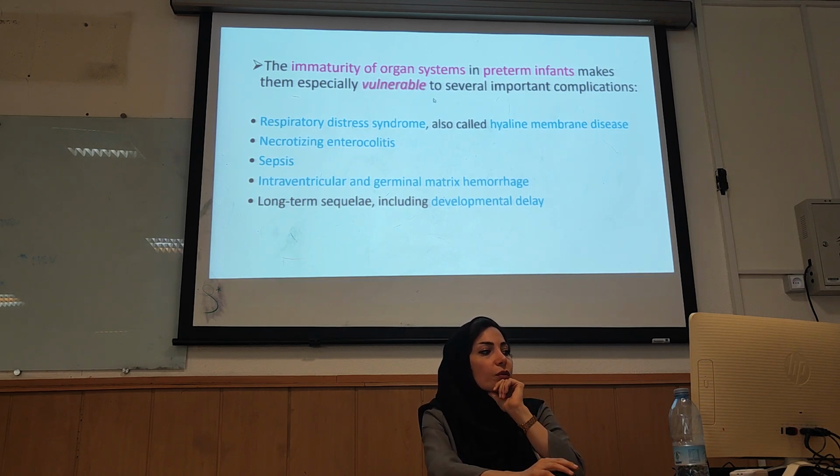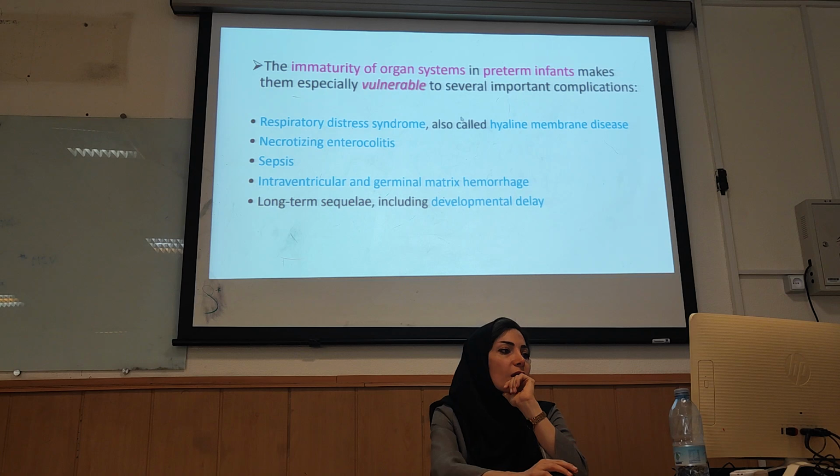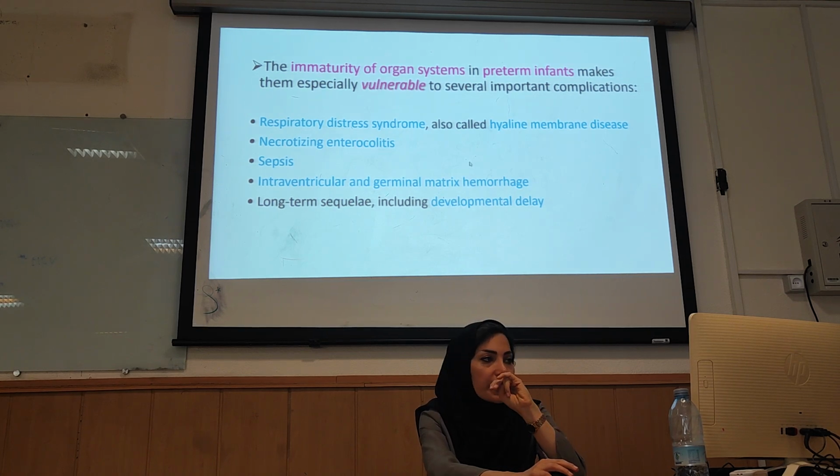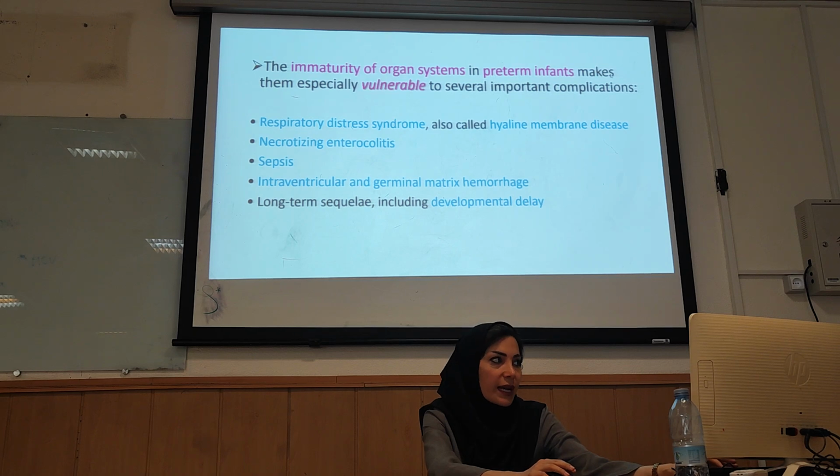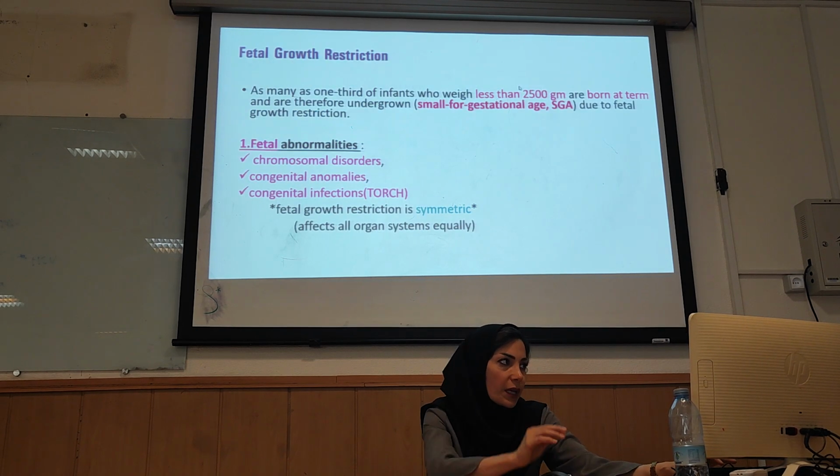These immature neonates are vulnerable to several important complications, such as RDS and necrotizing enterocolitis. Immaturity of organ systems in preterm infants makes them vulnerable to several important complications.